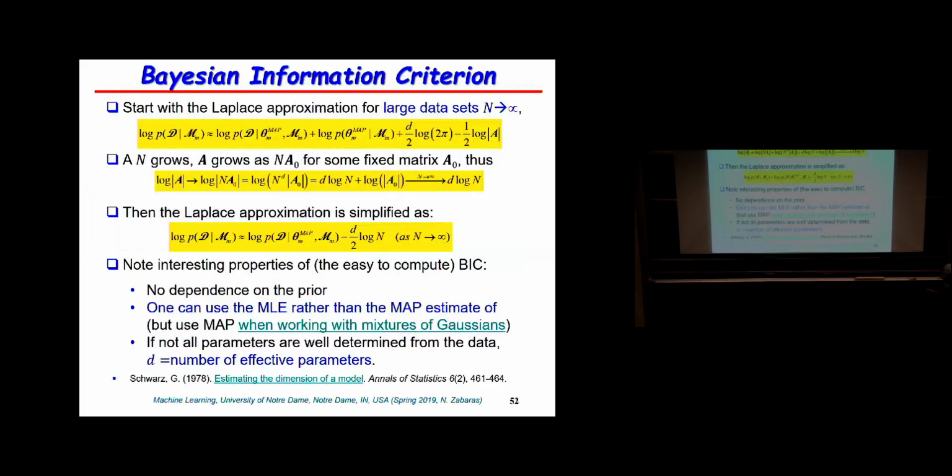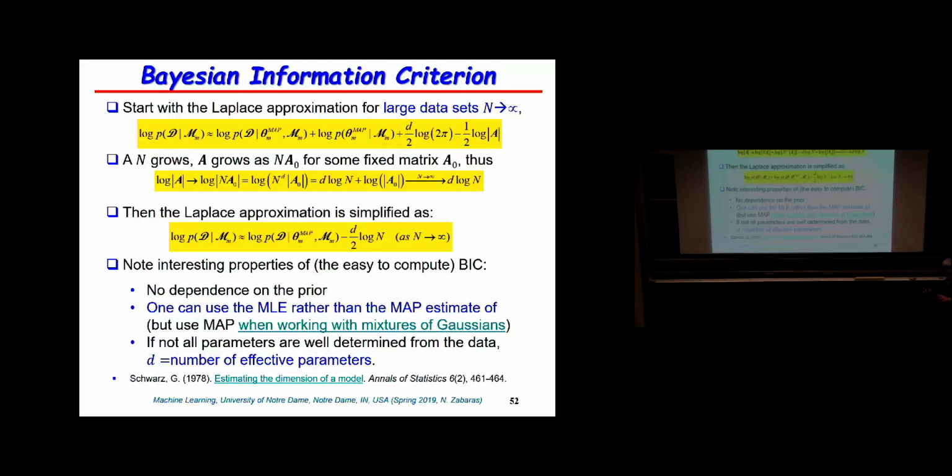So let's see. I'm rewriting the same equation, and I'm going to take an approximation of it when the number of data points in the problem goes to infinity. Here we're going to make an assumption that you maybe have seen in other scenarios in machine learning. I remind you that this matrix A is the second derivative of the log likelihood.